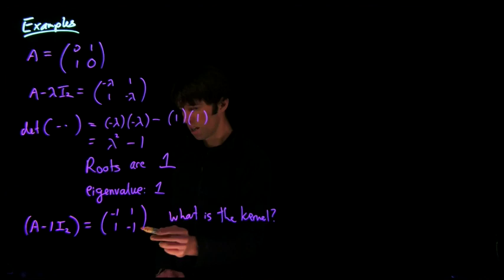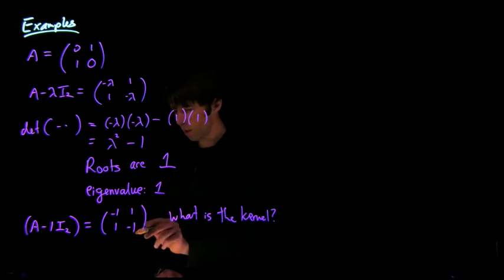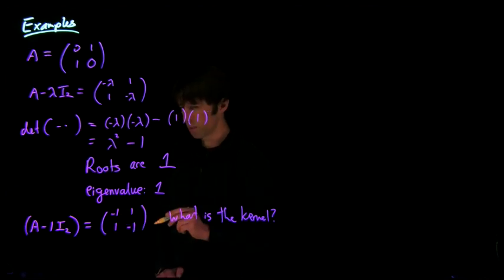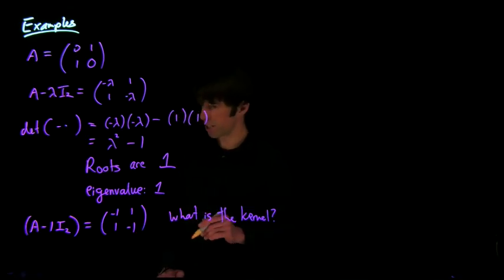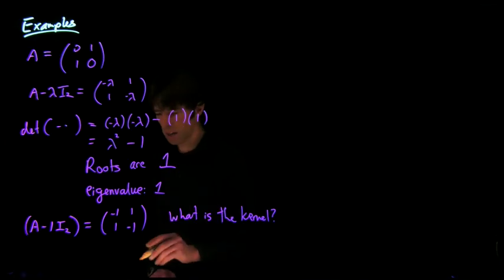And in this case, I can see that the second column is minus the first column. So the only linear relation that we have is that the second column is the negative of the first column. That's the only linear relation, and that gives us everything else.